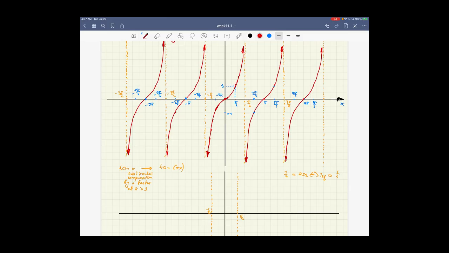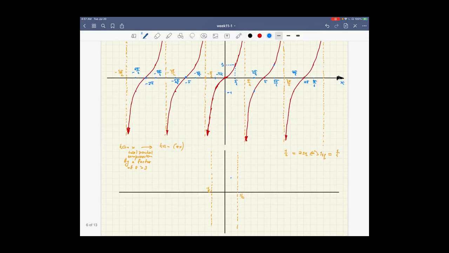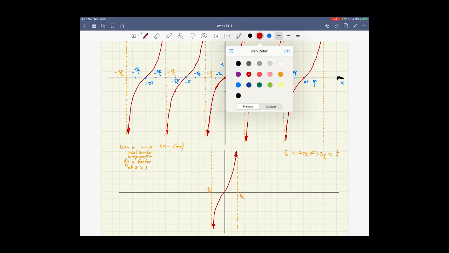At the point 1/4, for instance, we'll have value 1, and at -1/4 we'll have value -1. And so on.